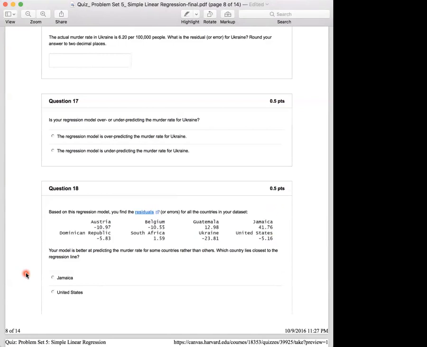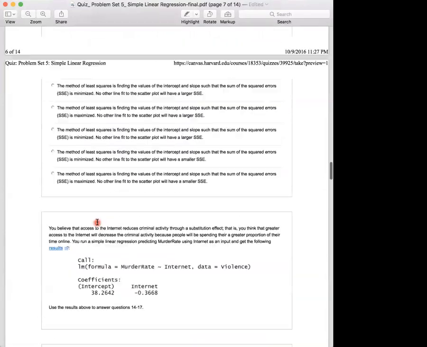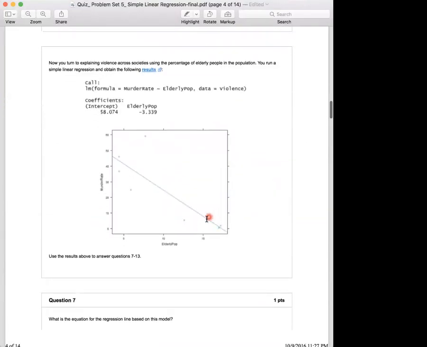Which country lies closest to the regression line? As I pointed out when I showed the data for a different variable, the data points that lie close to the regression line, whether positive or negative, are negative if they're below the line, positive if above. Those data points are close to the regression line if they have small absolute values.